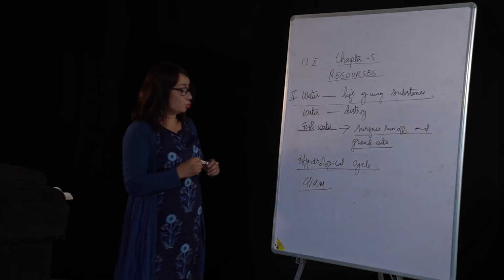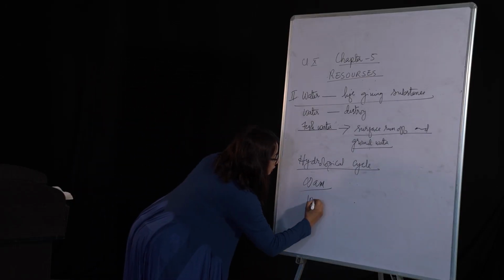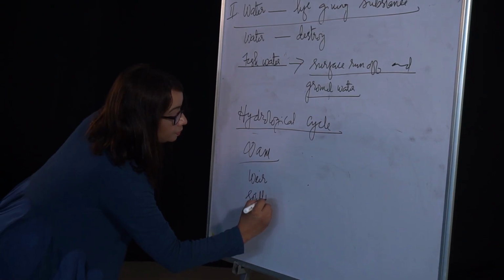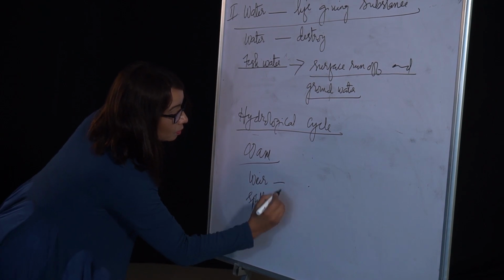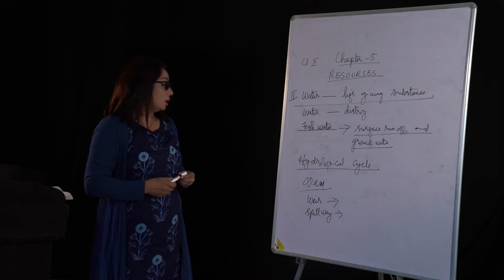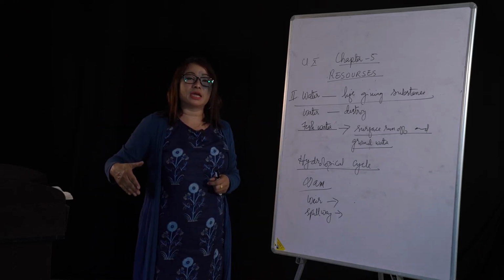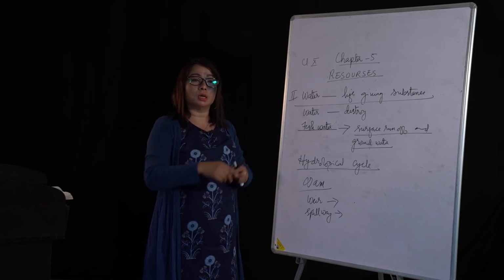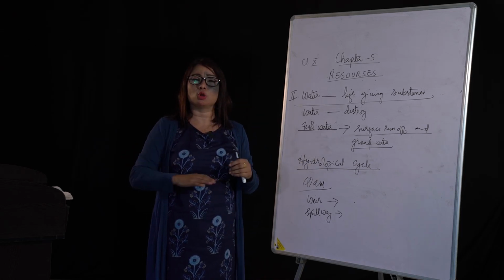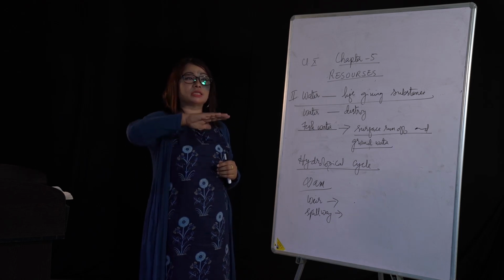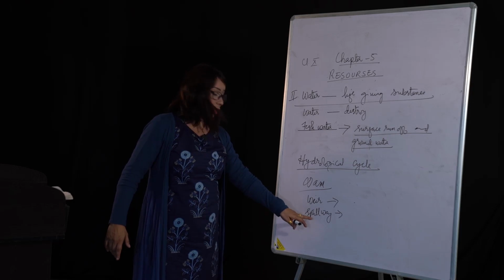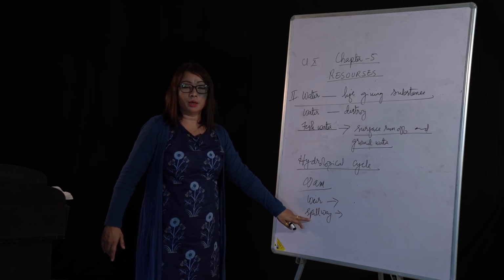In a dam, two words you have to remember, weir and spillway. These are two things that you will find in your textbook. Weir is, very simply put, a fence that is built across, or a low dam that is built to raise the level of water.